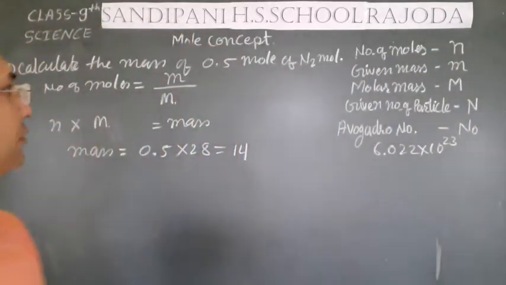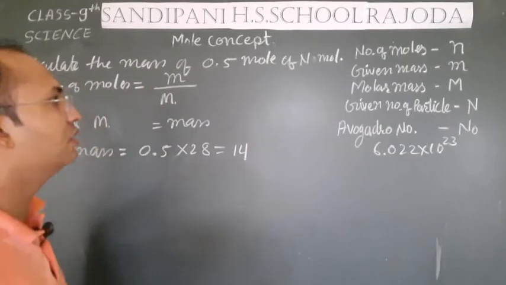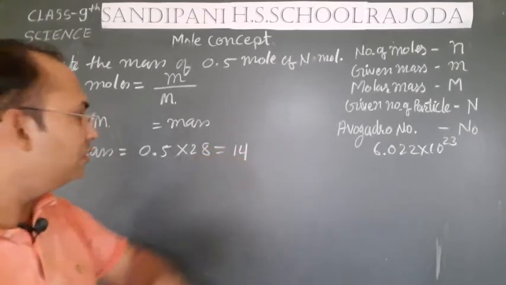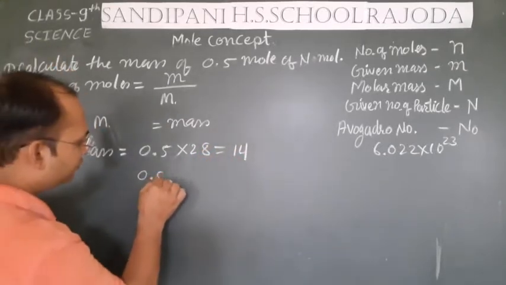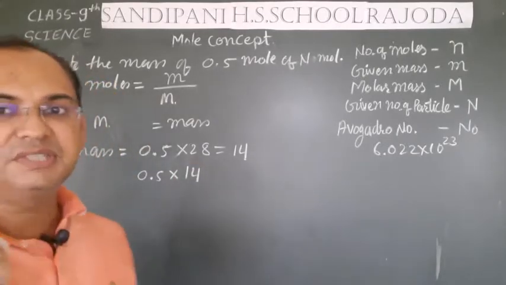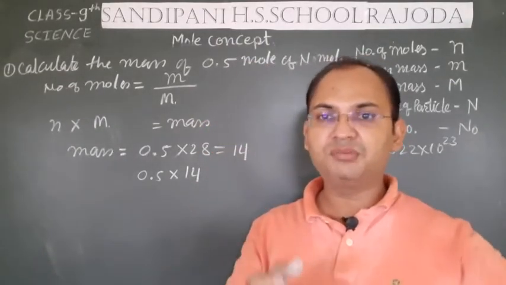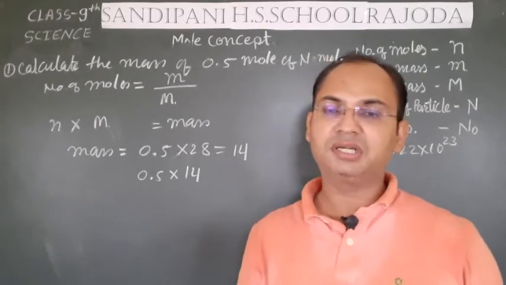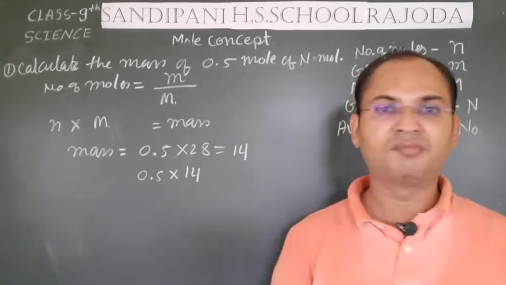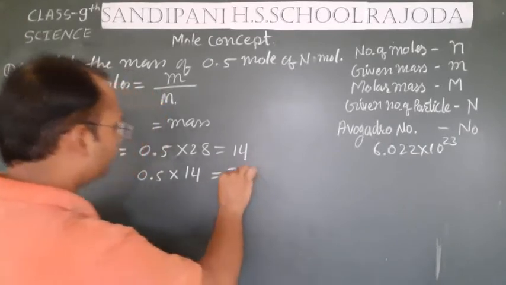Secondly, if the same question was given, but instead of nitrogen molecule, only nitrogen was given, then we will multiply 0.5 with 14, because the molar mass of nitrogen is 14, and the nitrogen molecule is constituted of two nitrogen atoms, so its molar mass will be double the molar mass of the single nitrogen atom. So here the mass in this case will be 7.